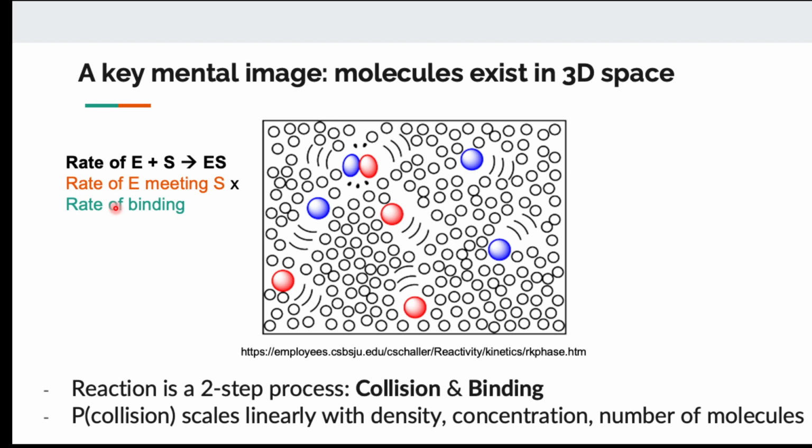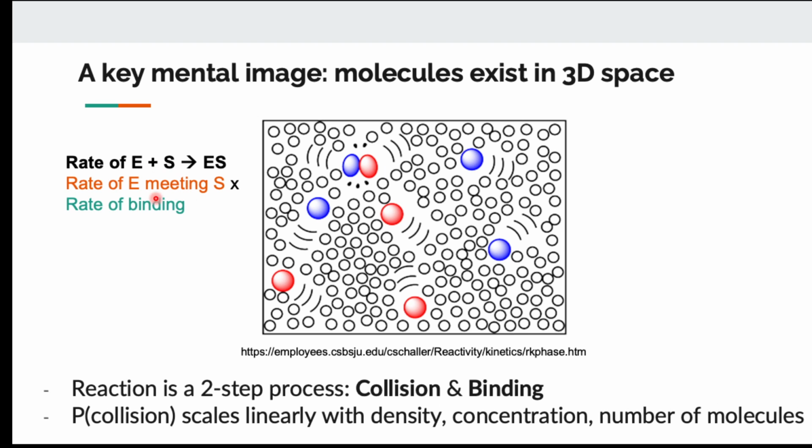And once they run into each other, there is a chance that they will just bounce off or they will bind into a stable complex. And that is a constant, that's the binding constant. So that's why the formation of the enzyme-substrate complex is in the form of the concentration of enzyme multiplied by the concentration of substrate.